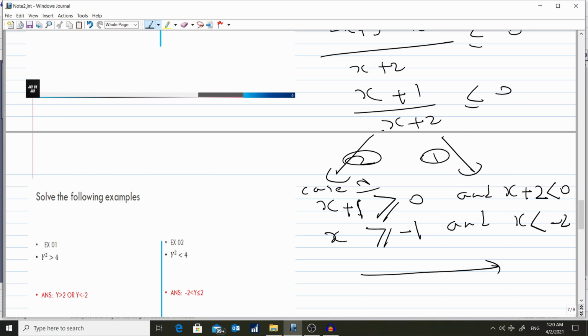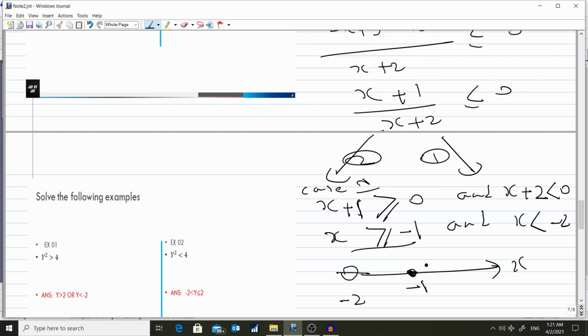So what is the common region? Here we have to mark it out, draw it out, and minus 2 is somewhere around here. Sorry for that. Minus 2 we need to mark like this.